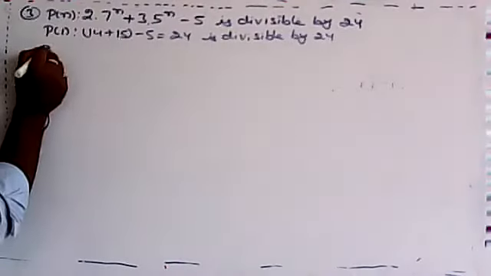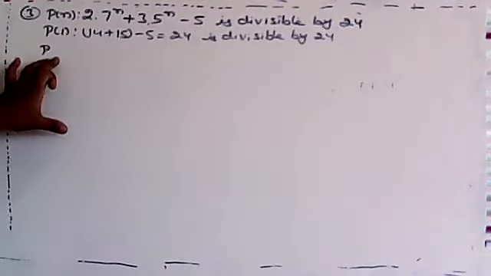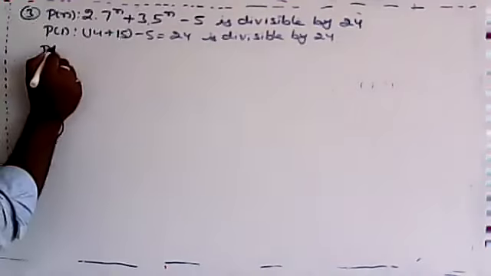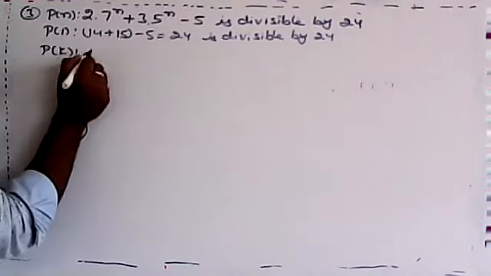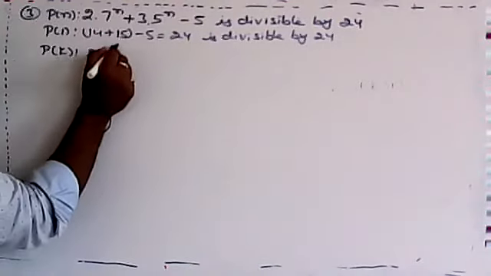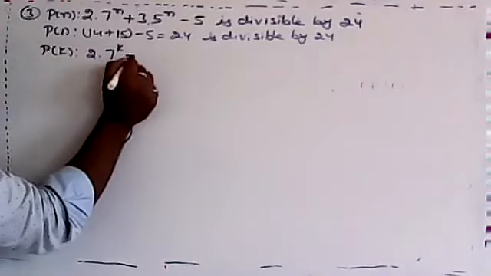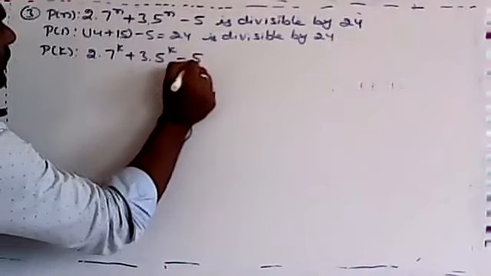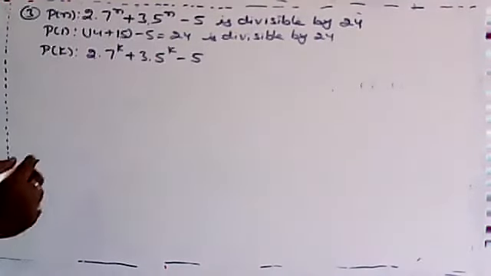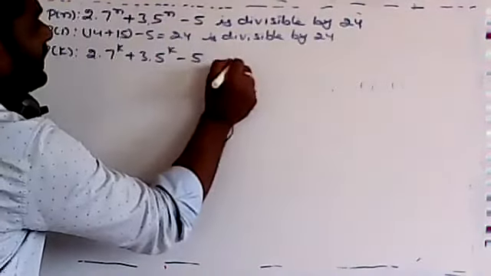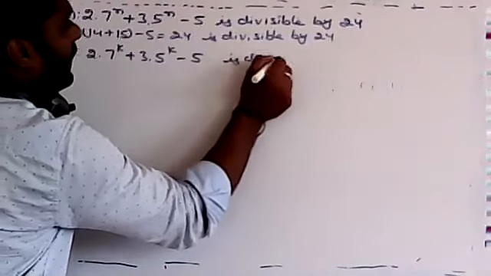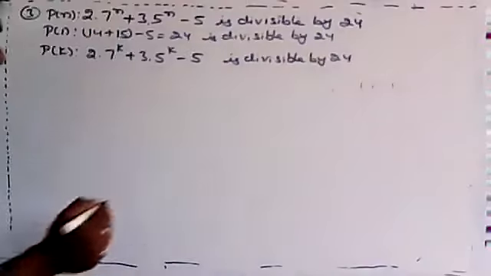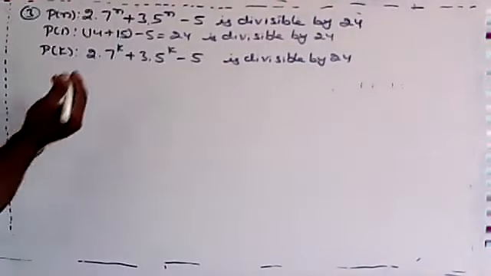Then same way, we assume that, I'm not writing the sentence again, if P of K is true now. So P of K is 2 into 7 to the power of K plus 3 into 5 to the power of K minus 5 is divisible by 24. Correct? Can you tell me the next step?